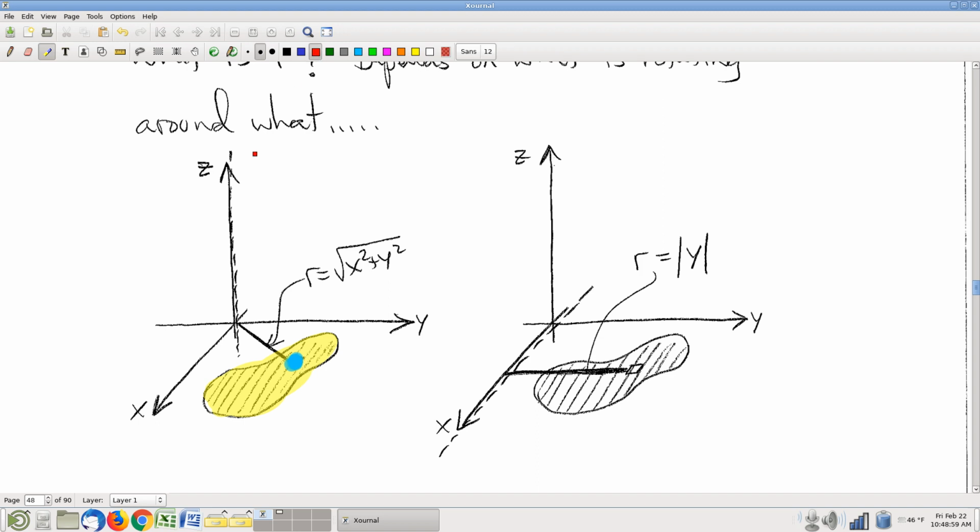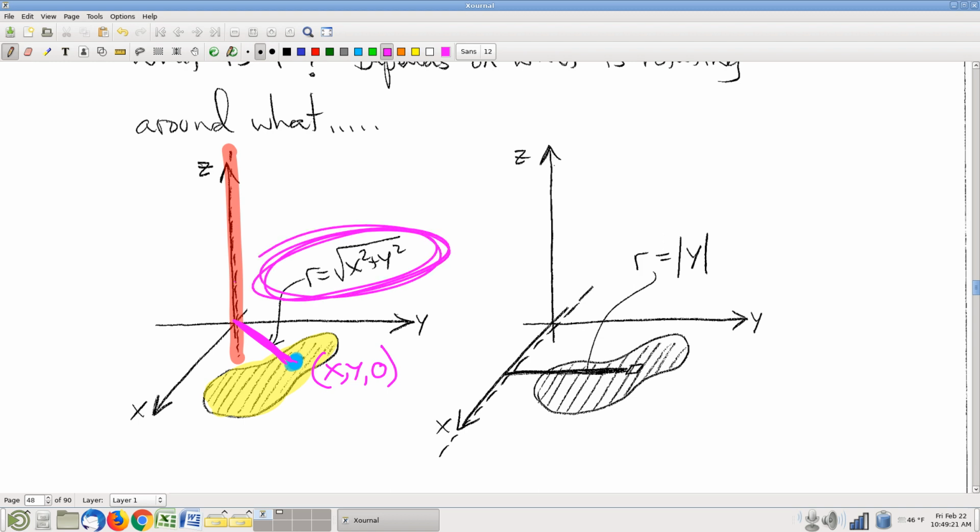The axis you're rotating around, let's say maybe here you're rotating around the z-axis. Do you imagine this yellow shape rotating around that red z-axis? R is that distance. And if this point is x comma y comma, I'm going to say z, but obviously it's in the xy plane, so it's 0.